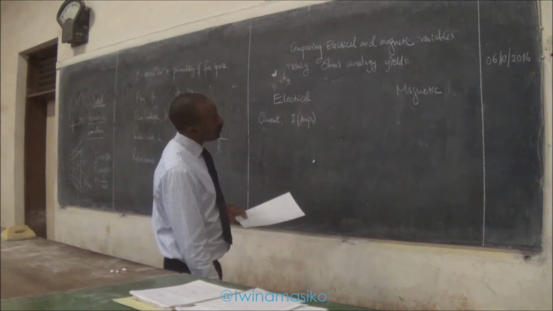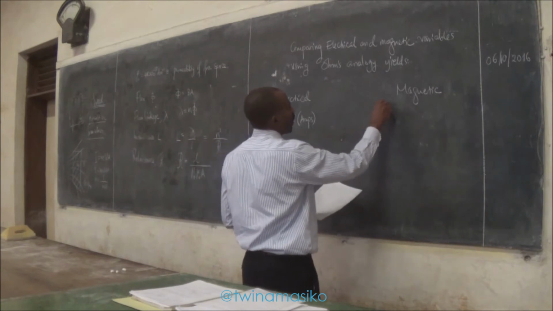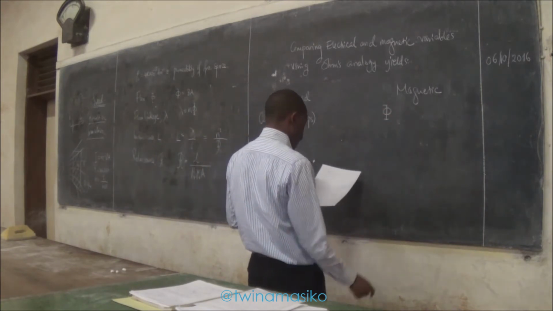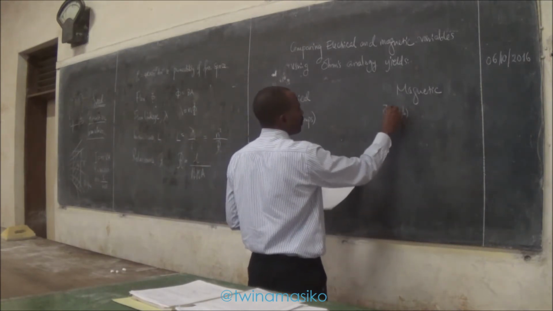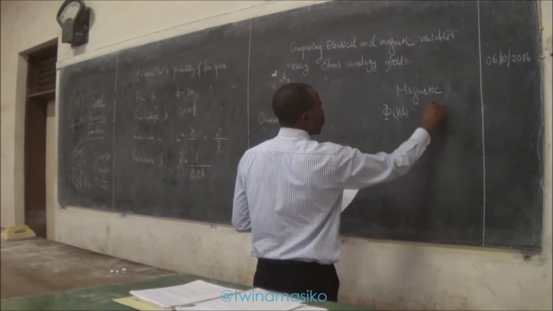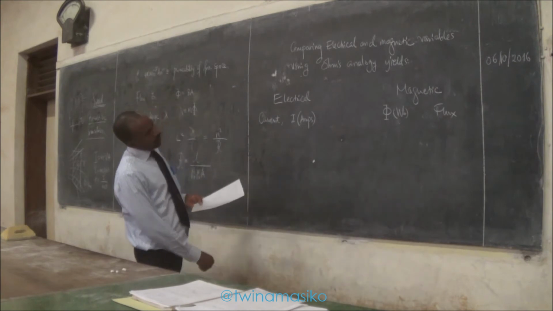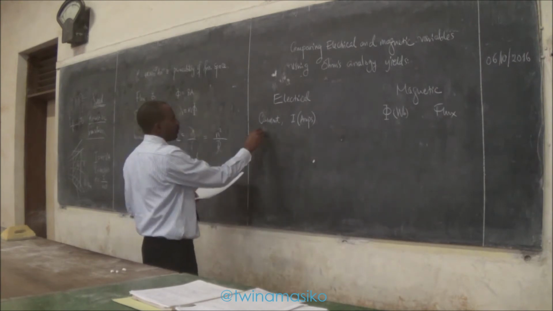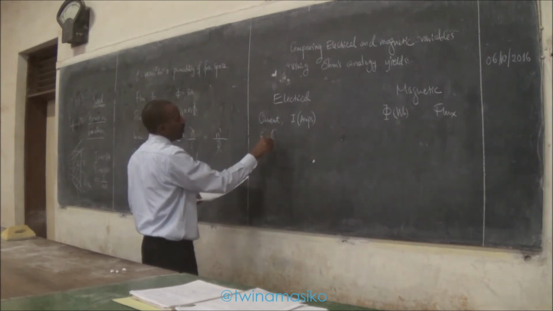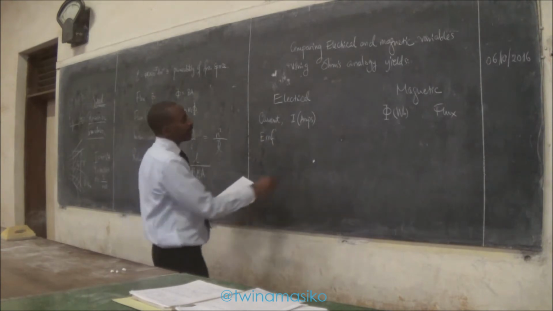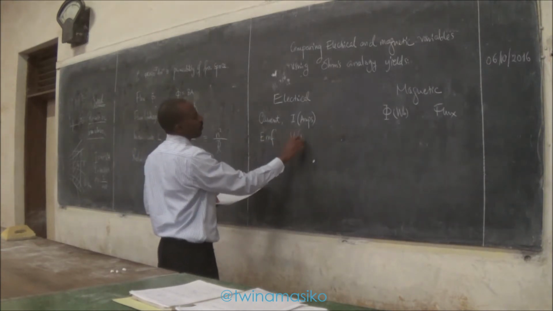Comparatively, we talk of this as flux, which is in Webers. So I will put the wordings this side. We talk of the EMF, electromotive force, which is measured in volts.